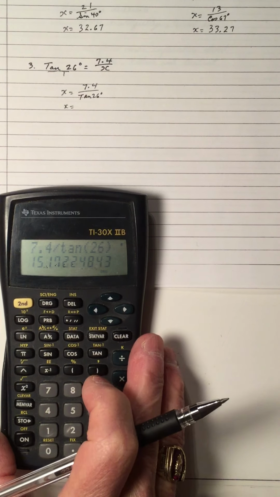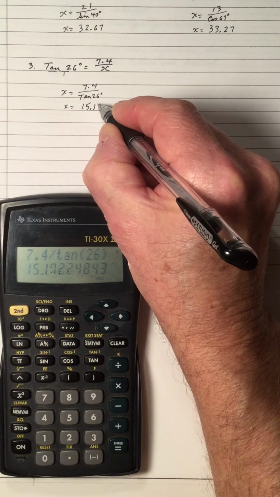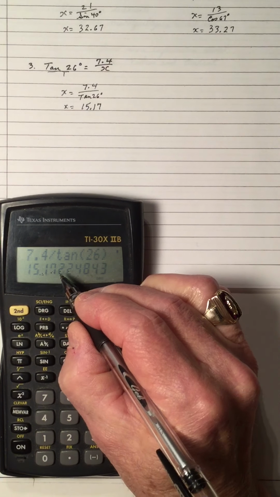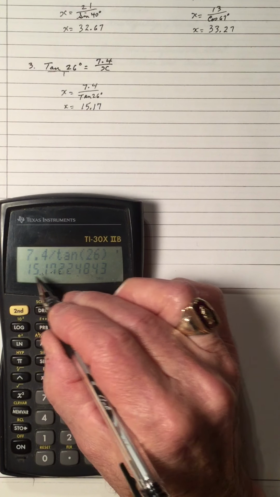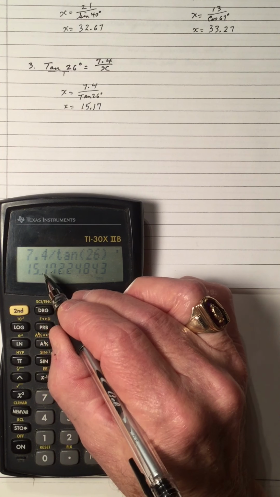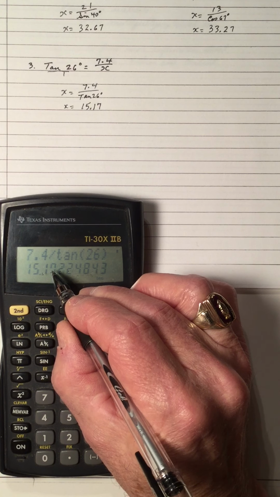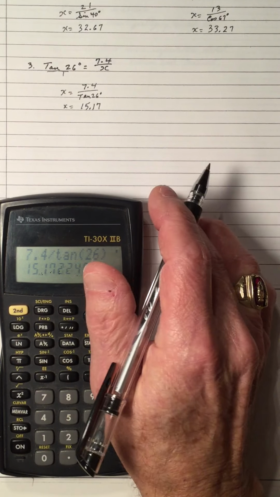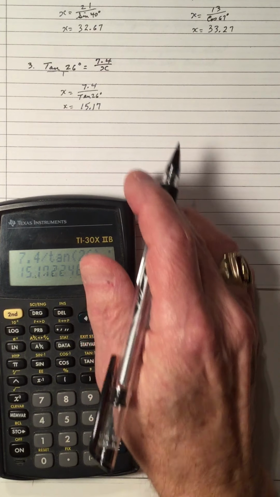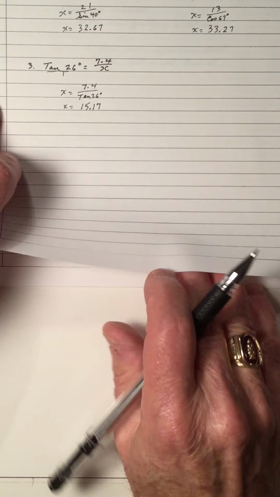And hit the equal sign, and I get 15.17. The 7 doesn't change because that's a 2 there. 7 is in the hundredths. But remember, you want to go to tenths here. This would be 15.2. Tenths is right here. Because that's 5 or greater, you add 1 to the 2. So it depends where the teacher wants you to round them off to. Again, check with your teacher on this style and see if it's appropriate.